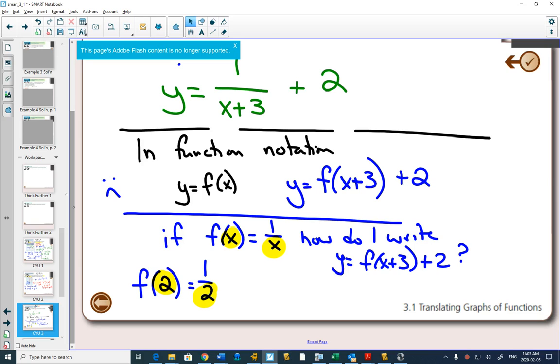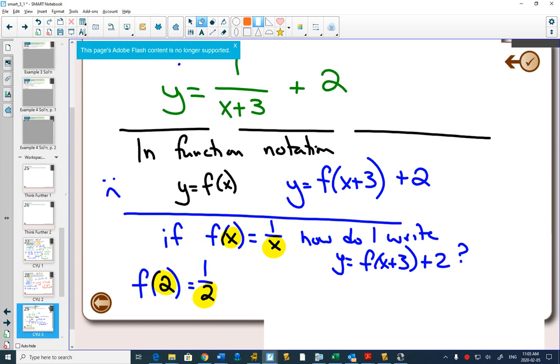That means here, if I'm trying to do f of x plus 3, whatever I put into my function replaces where the x was. So I'm going to rewrite this. This is really important for understanding function notation. Instead of writing 1 over x, can you see that f of x plus 3 would be 1 over, I replace the x with x plus 3.